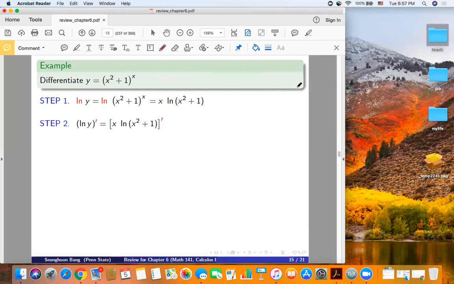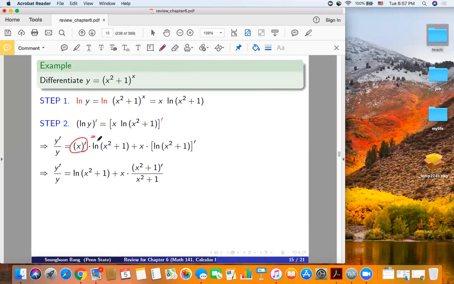Step 2, take the derivative. You can use the product rule: x prime times ln of x squared plus 1, plus x times ln of x squared plus 1, prime. Then simplify. The x prime is 1, right? This is exactly 1.